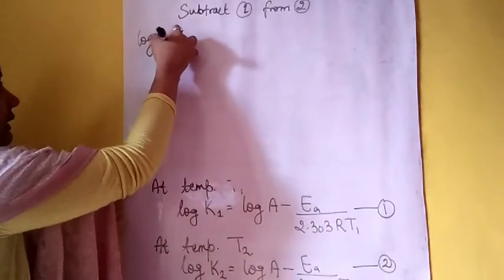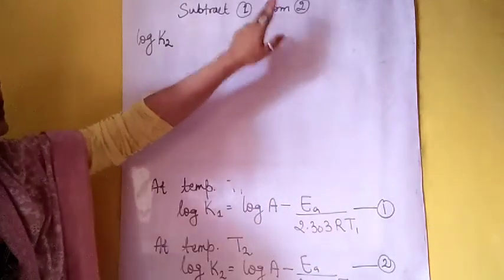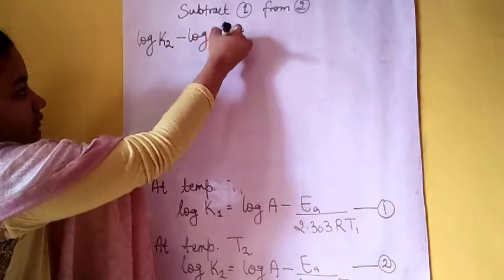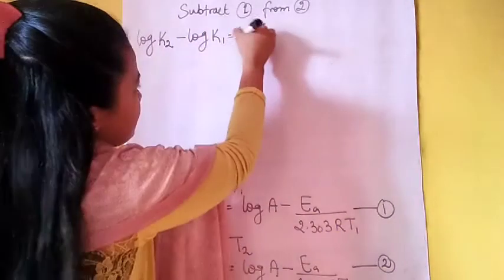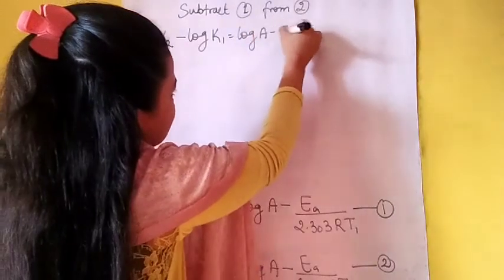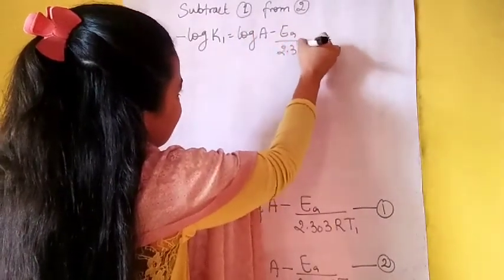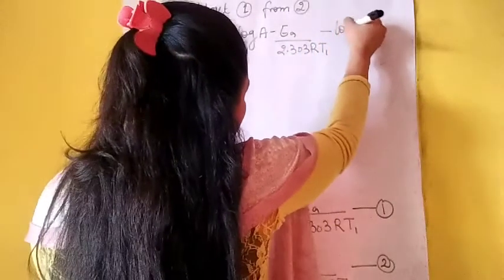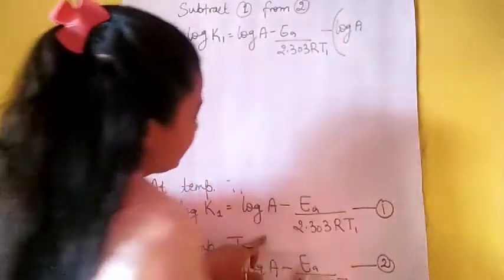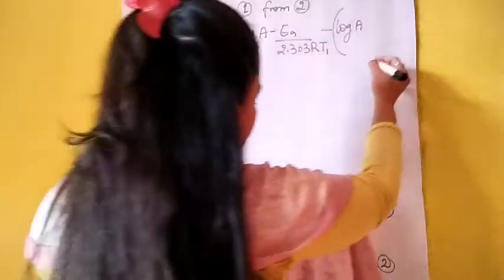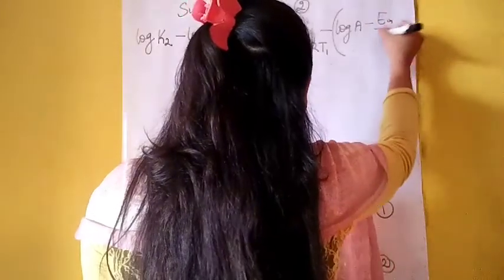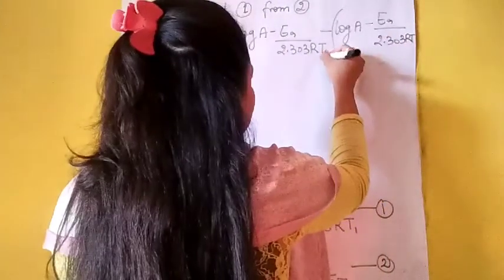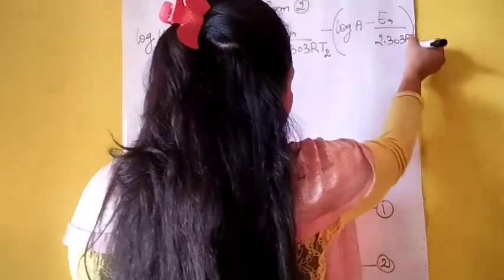So log K2, because we are subtracting from 2, that means log K2 minus log K1, is equal to log A minus EA upon 2.303 R T2, minus, put a bracket here because we are using more than one term, log A minus EA upon 2.303 R T1, right?